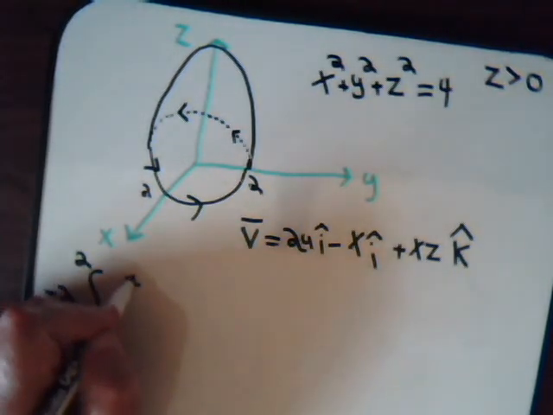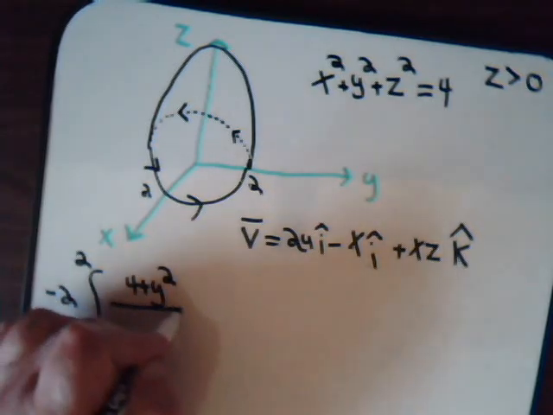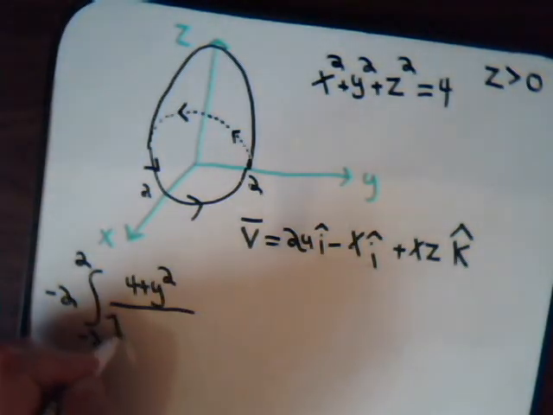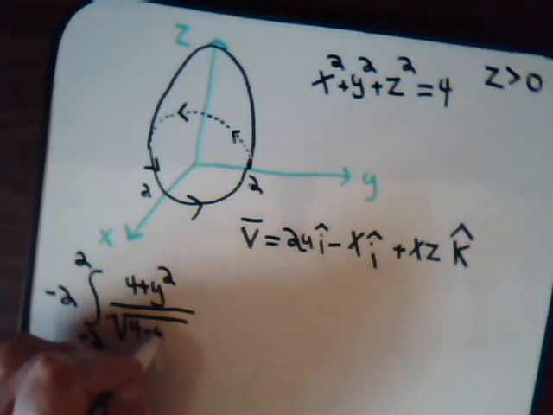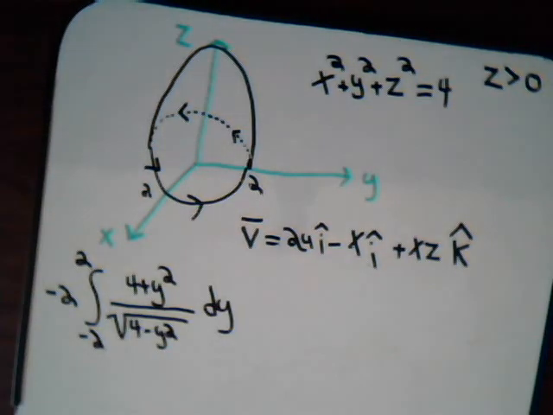And we have 4 plus y squared divided by the square root of 4 minus y squared dy. So this is what our line integral is shaping up to. All we have to do now is solve it.